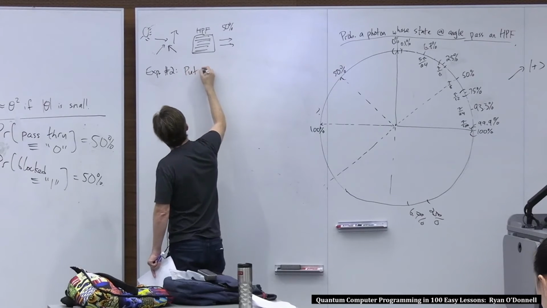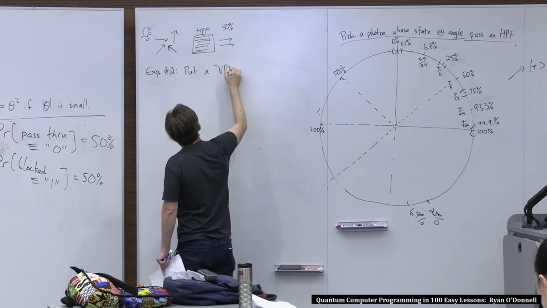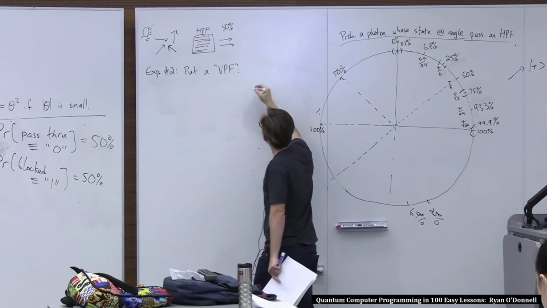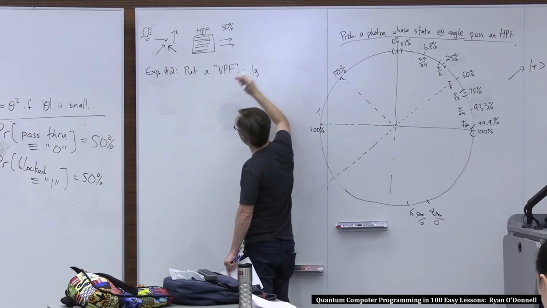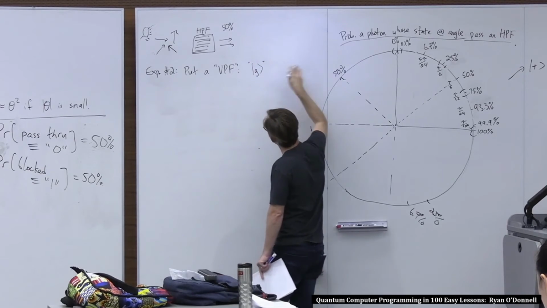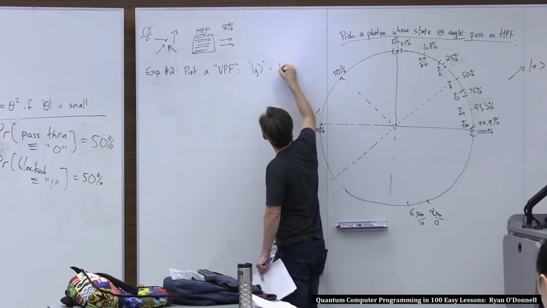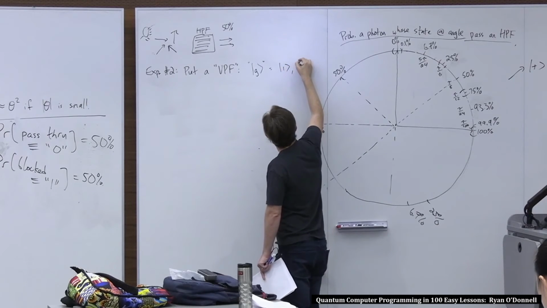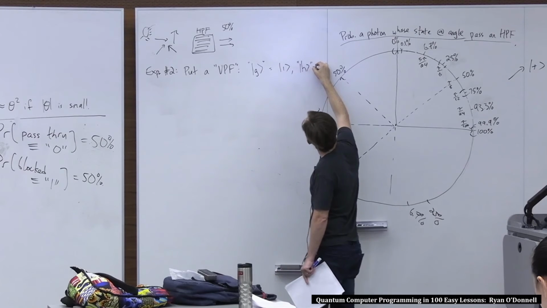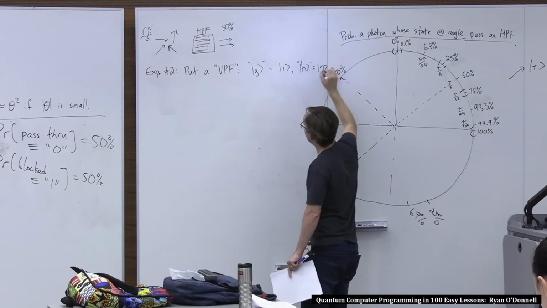So in experiment 2, put now in front a vertically polarizing filter. This kind of means one where you've rotated it, or actually I'm going to reflect it, where the measurement outcome that corresponds to going through is ket 1, and the perpendicular one that corresponds to getting blocked is ket 0.